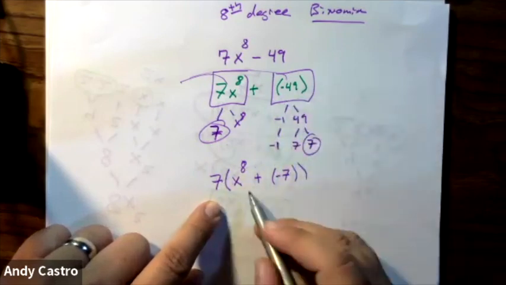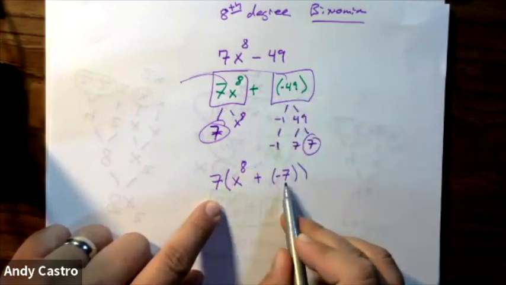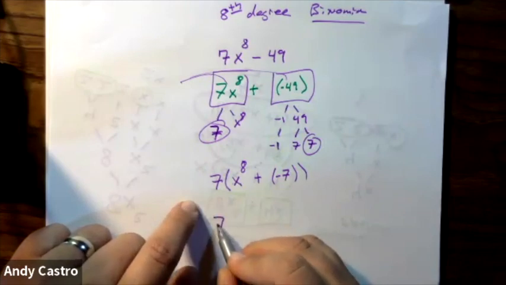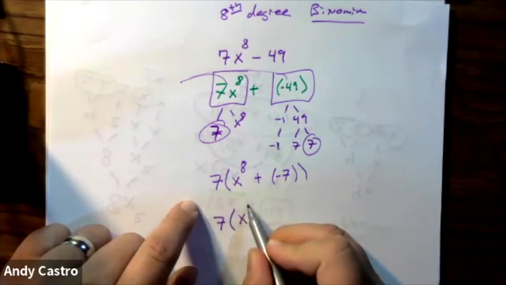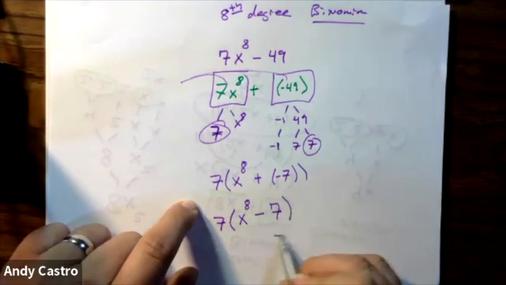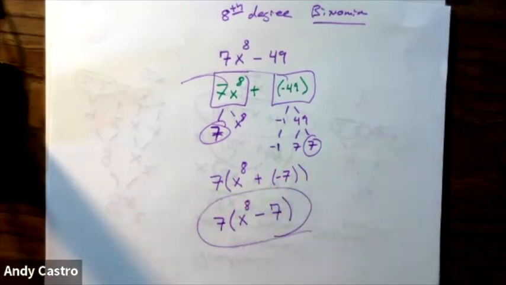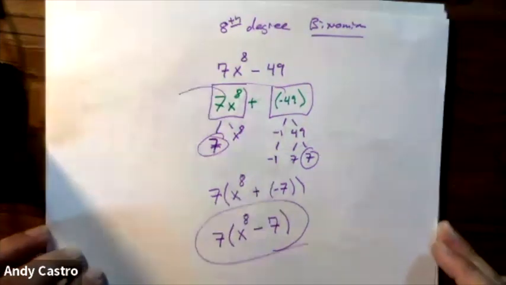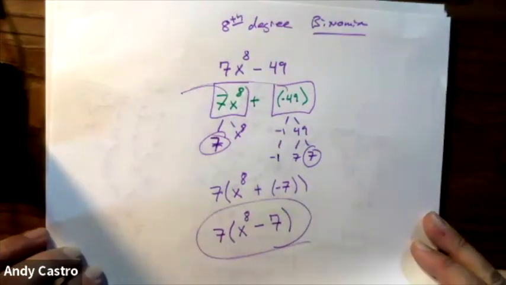So it works. I'm going to change this back to subtraction to make it easier to look at: 7 times x to the 8th minus 7. And that is that 8th degree polynomial.